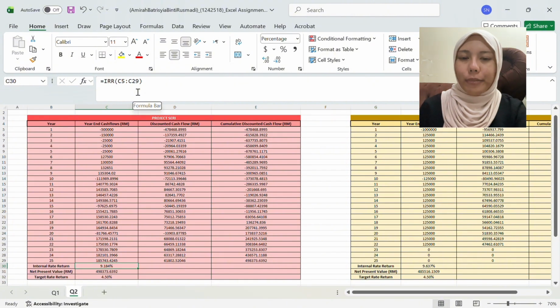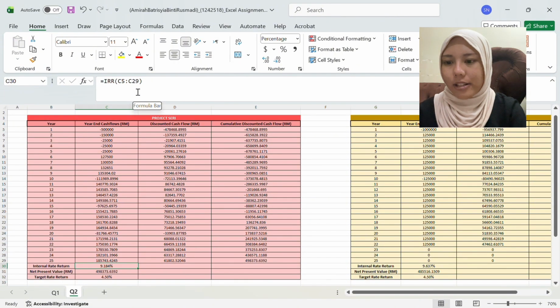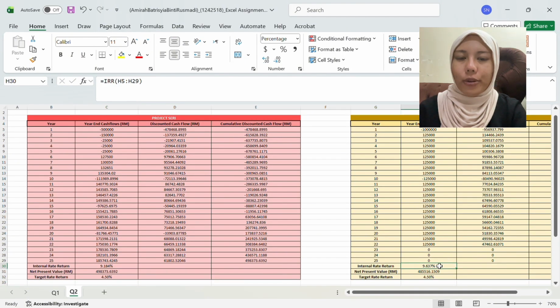Evaluating cash flow from year 1 to year 25 gives an IRR of 9.18% for Project Seri and 9.64% for Project Bakawali in cell D30 here. Since both IRRs exceed the 4.5% hurdle rate, both projects are financially viable.